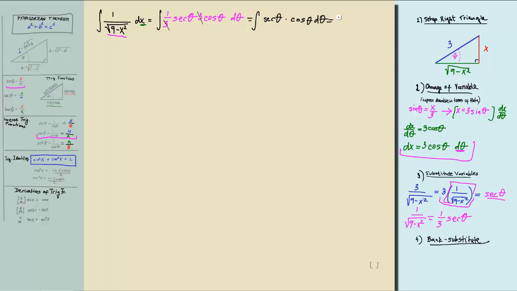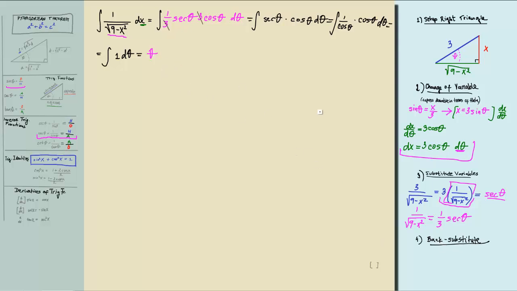But as we've seen before, secant and cosine are really inverse functions. So secant is really 1 over cosine theta times cosine theta d theta. Well, that'll just be the integral of 1 d theta, and in terms of theta, the solution is theta. And now the last step is back substitute.